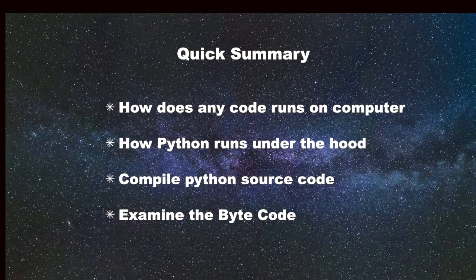Then we learned the command python -m py_compile to compile a simple Python source code with a print hello world statement, which basically creates a bytecode. Then we also learned the command python -m dis to see human readable bytecode statements.